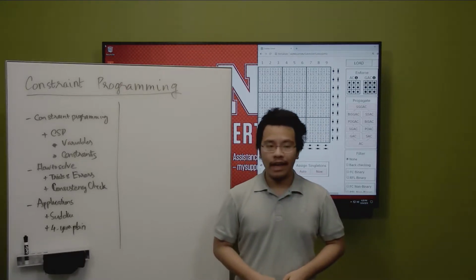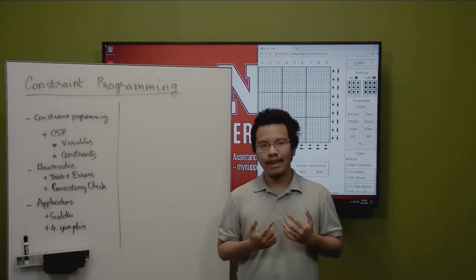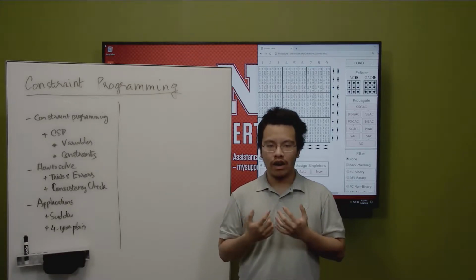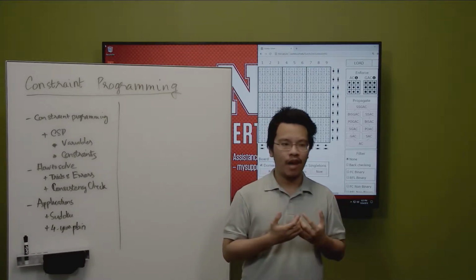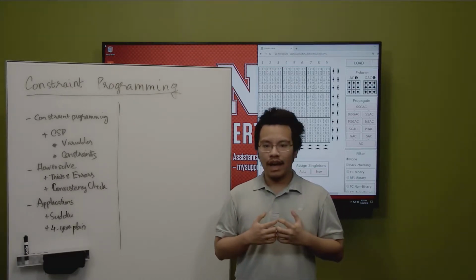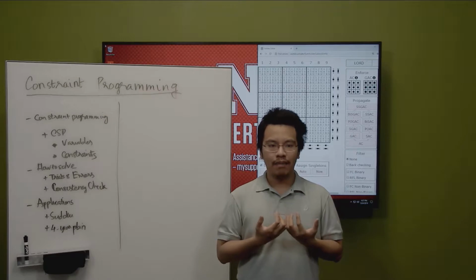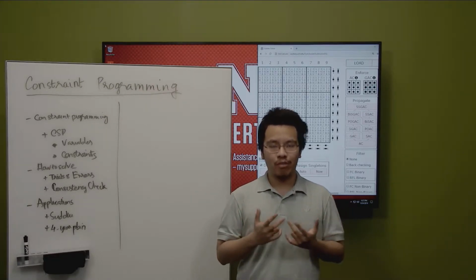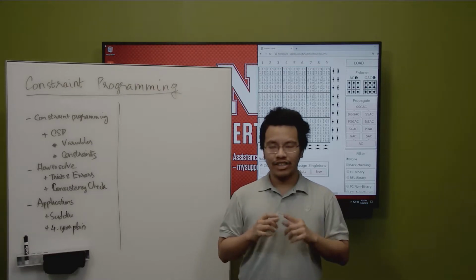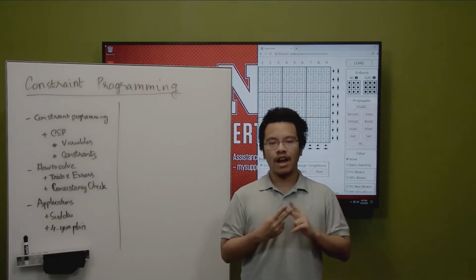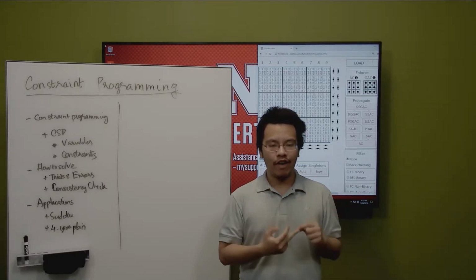Constraint programming is a type of programming that tries to solve a constraint satisfaction problem, or CSP. According to Rina Dechter, in her Bible of constraint programming called Constraint Processing, a CSP consists of two parts. The first part is a set of variables.